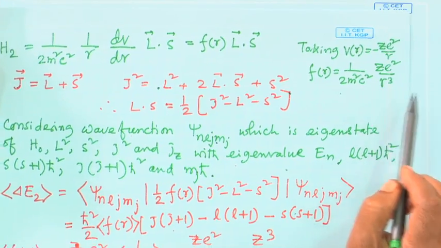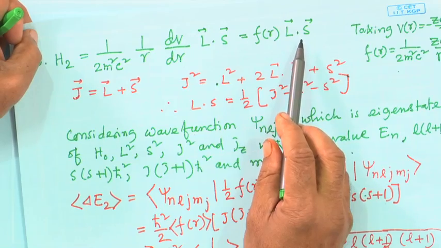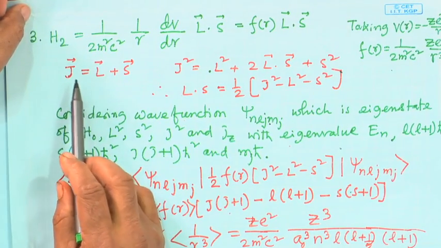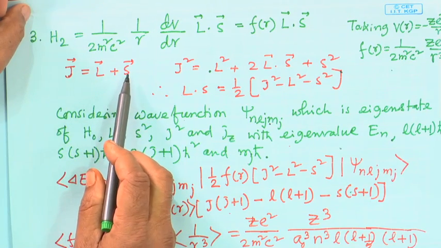Now, L dot S: as I discussed earlier, the total angular momentum J is defined as L plus S, the vectorial sum.